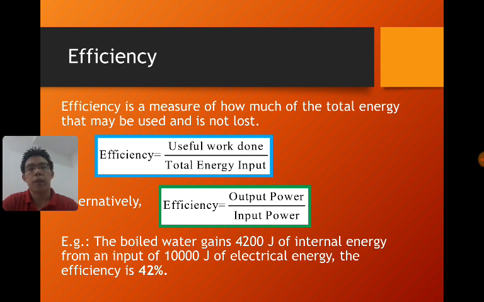However, the electrical energy is supplying 10 kilojoule of energy. So if we use 4200, which is the useful work done, divided by 10 kilojoule, which is the input, we get the efficiency of 0.42 or 42%. You can keep it as a decimal number like 0.42 in this case, or as a percentage like 42%.